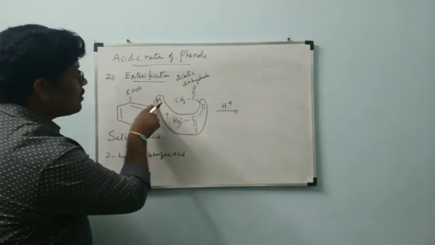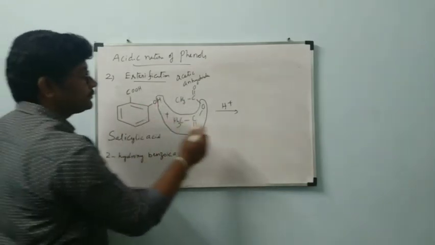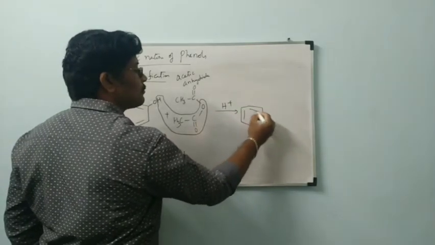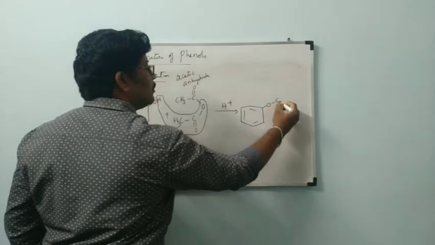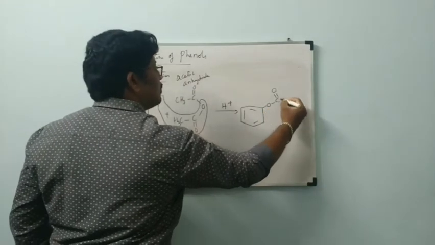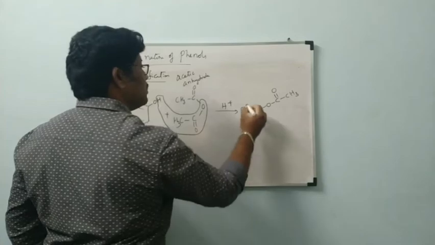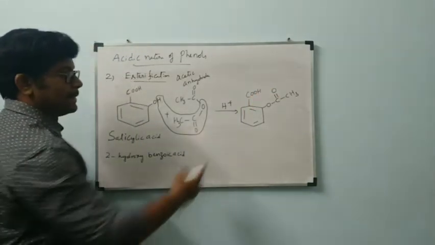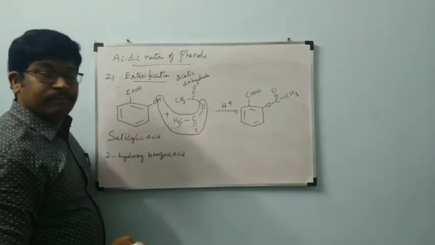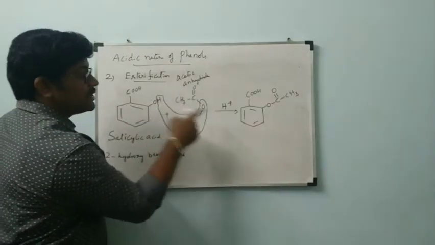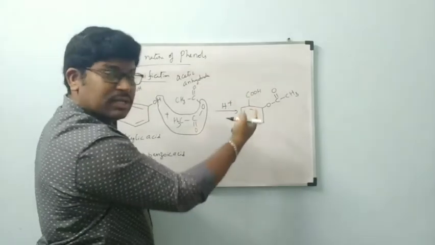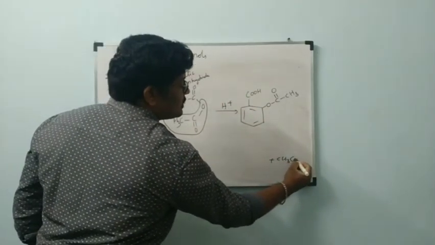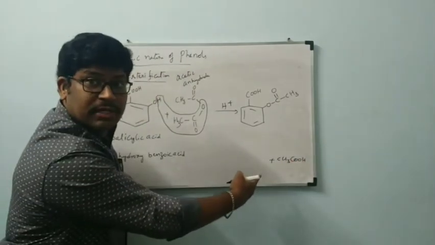This C double bond O bonds with oxygen, O C double bond O CH3. This is like ester only. The byproduct is CH3COOH, acetic acid.